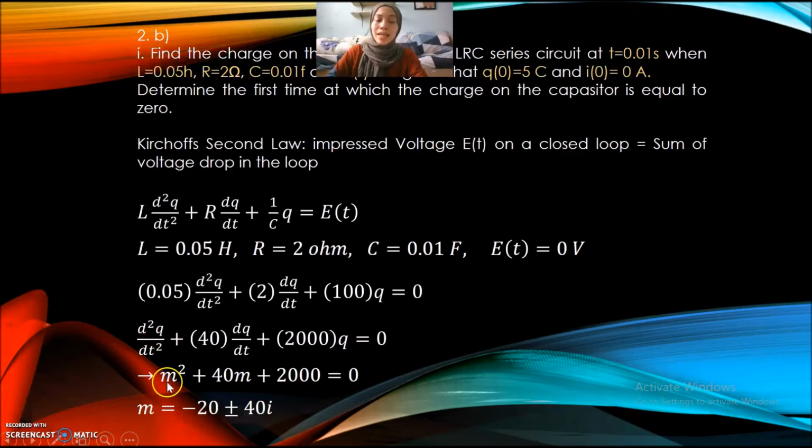It is exactly like this form, m squared plus 40m plus 2000 equals 0. Using the formula to find the value of m, we get m equals negative 20 plus minus 40i.